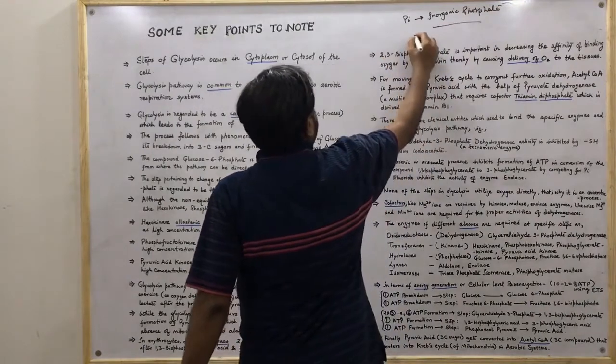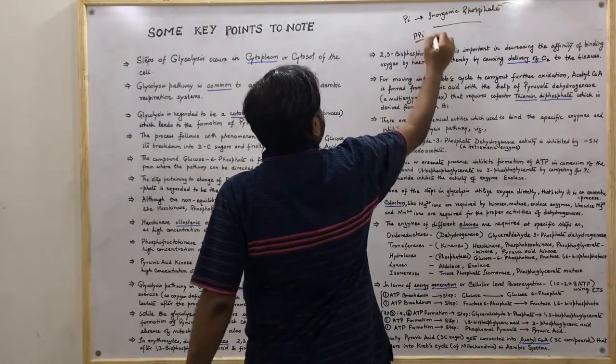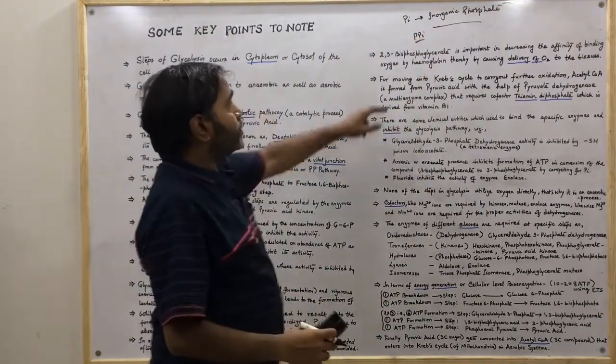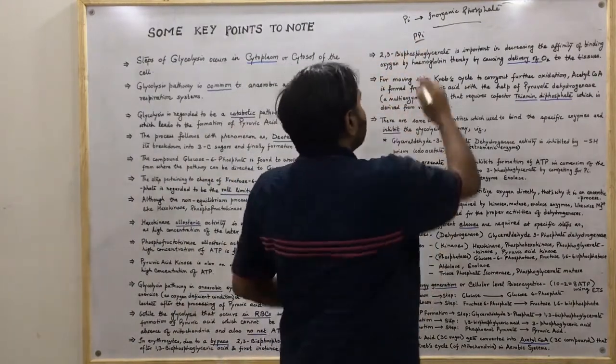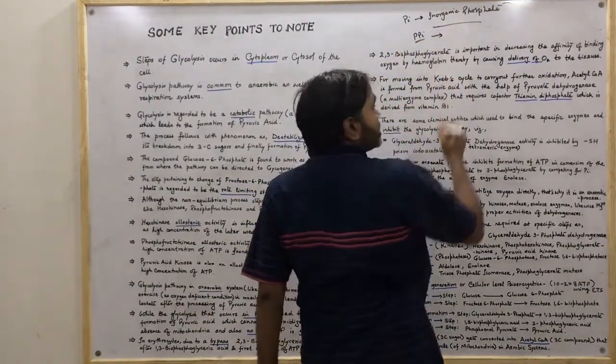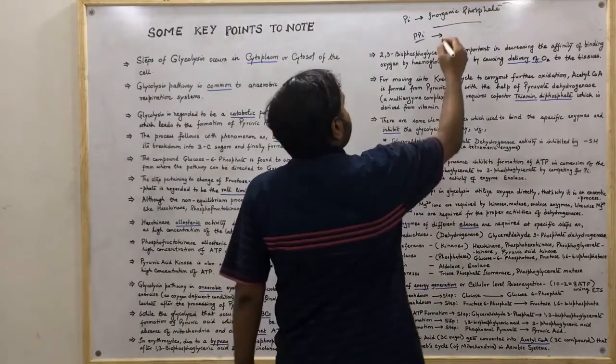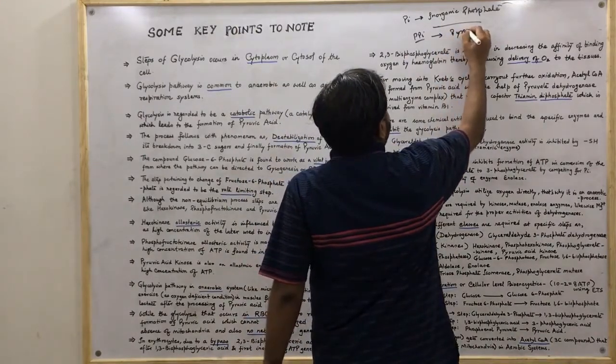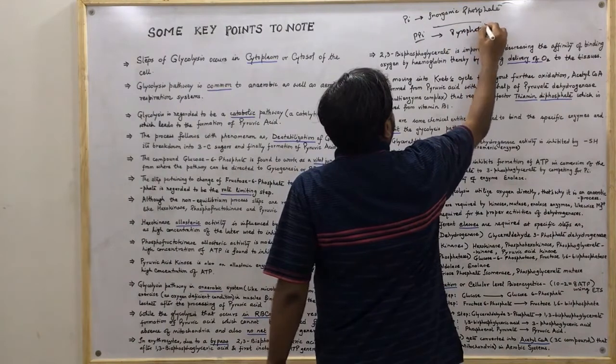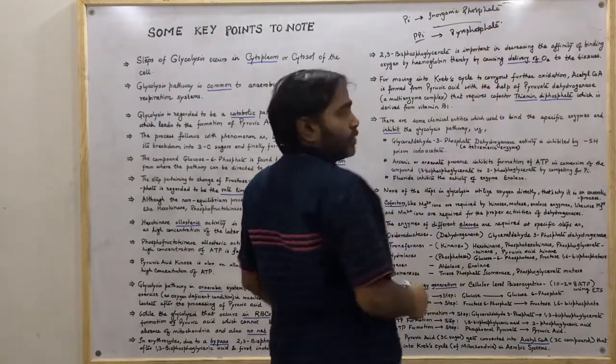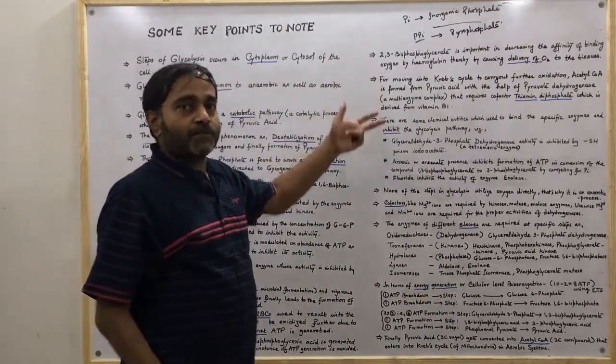And suppose it is written like this, then what is this one? I already told you this is pyrophosphate. Two inorganic phosphates are present together. That's why it is called pyrophosphate. So we should remember this thing, particularly in pathways.